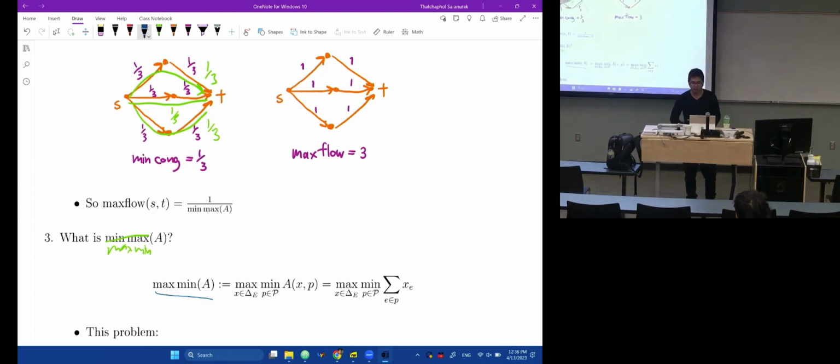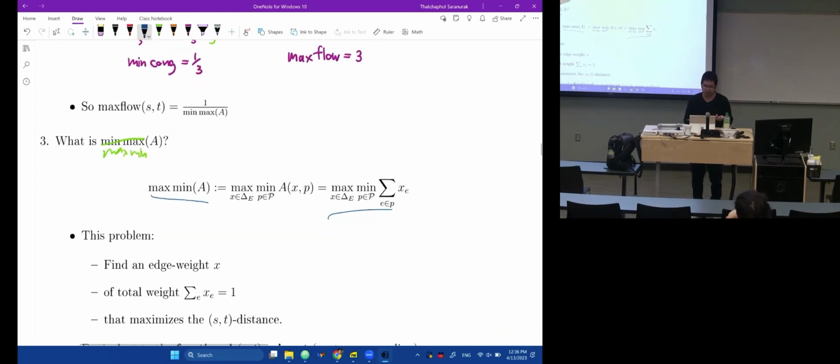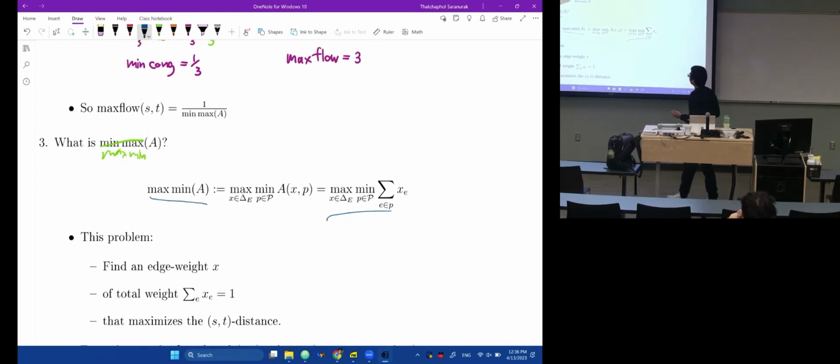You can check this. But with this, now we can also try to see what this problem is. This is a problem of finding an edge weight assignment x. X is the distribution over edges. So it's an edge weight such that the total weight of x is 1. The sum of the weights is 1. So that's the distribution over edges. And this x should maximize this whole thing.